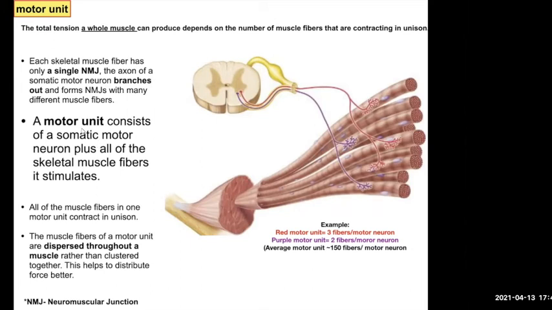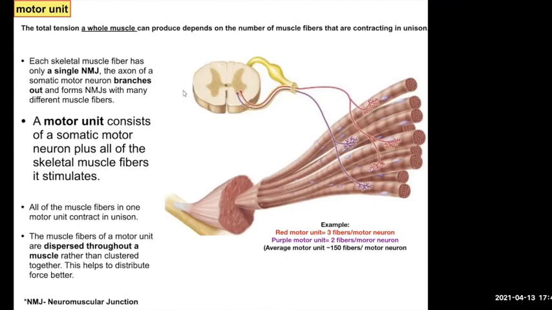The definition of a motor unit is a somatic motor neuron and all the skeletal muscle fibers it stimulates. In this case, the size of this motor unit is 3 fibers per motor neuron. The size of this purple one is 2 fibers per motor neuron. The slide says 'motor neurons,' but that's a typo. On average, it's much more like 150 fibers per motor neuron.